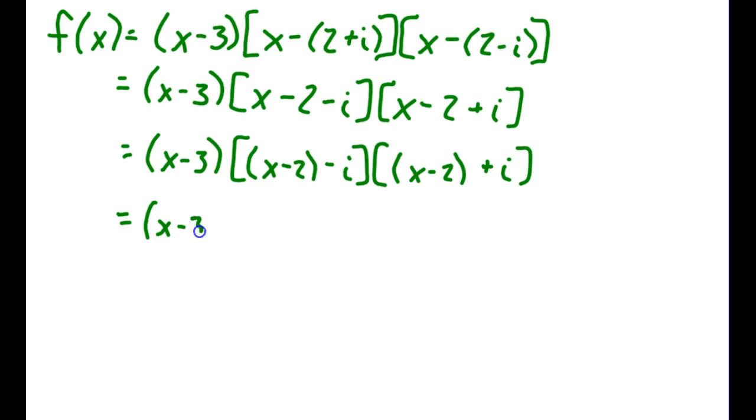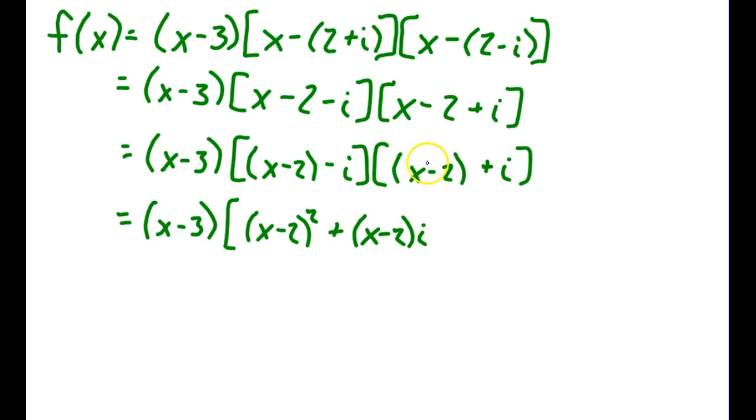So we have x minus 3. Now we're going to multiply out these two binomials. So I'm taking the quantity x minus 2 times x minus 2, which is going to be x minus 2 quantity squared. Then I'm taking x minus 2 times i, so it's plus x minus 2 times i.